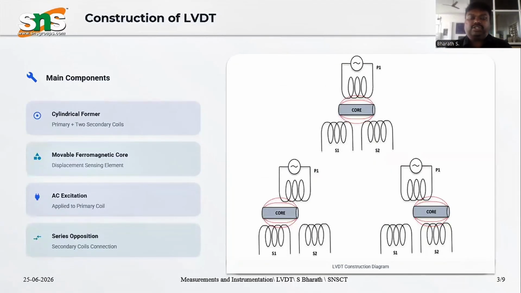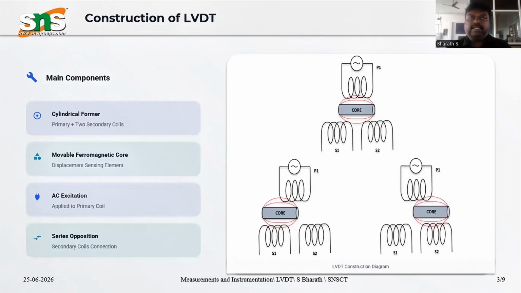So what is the construction of LVDT? When you see these diagrams, a simple circuit consists of a primary coil which is given an electrical supply, and two secondary coils, S1 and S2. In between the primary coil and the secondary coils, you have a core, which you can see at the center. The primary coil is provided with the AC excitation, the secondary coils are there, and the core will be moving.